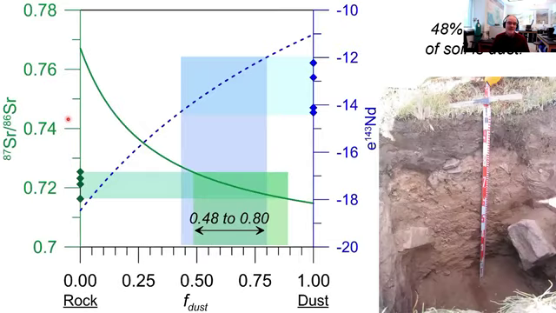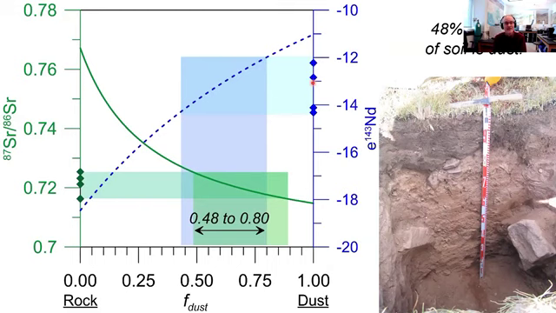And I could take those data and present them in a different way in a mixing model form, and essentially look at 100% rock versus 100% dust on the other end, epsilon neodymium on the right axis, the strontium 87-86 ratio on the left axis, 4 samples plotting on either end, and the mixing models as the lines in between.